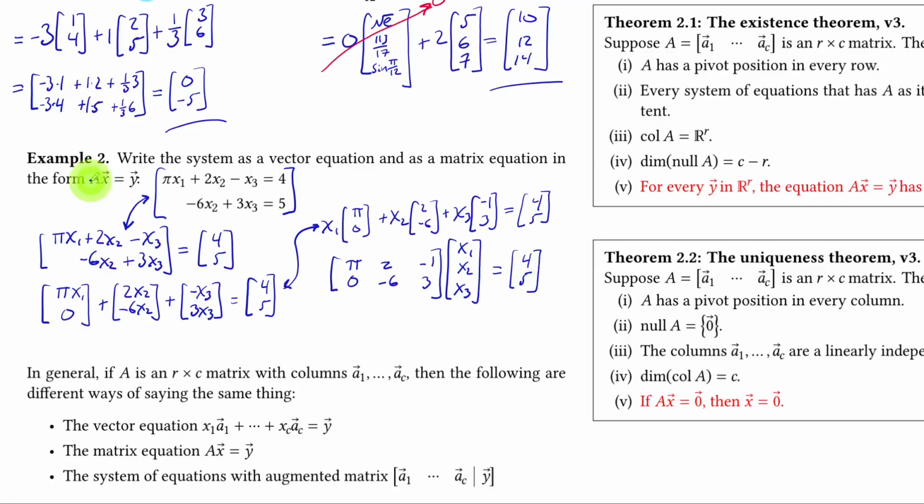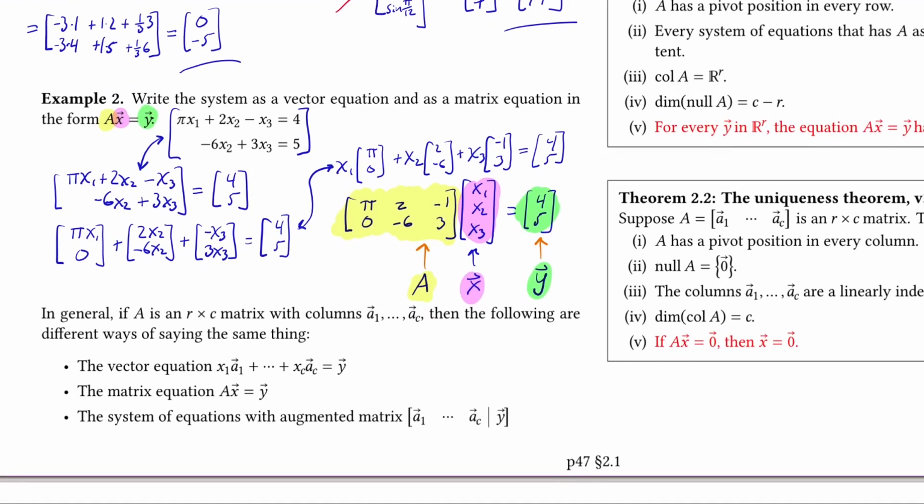So the matrix A that we're talking about has these columns, and the Y is the (4, 5), and the X is X.